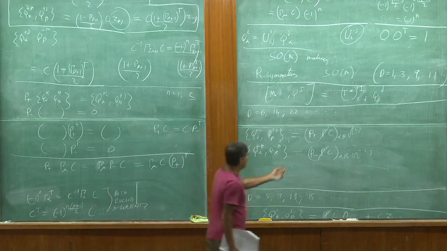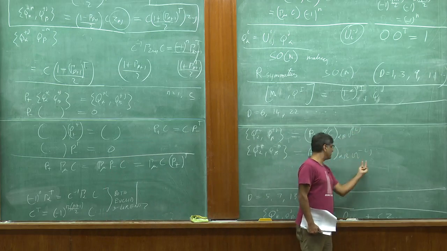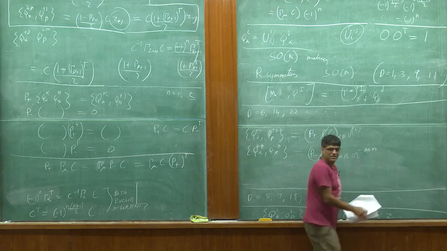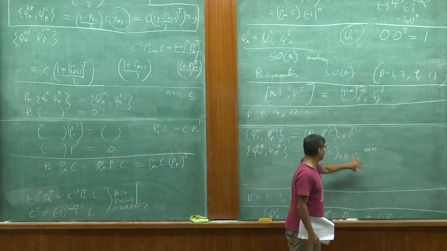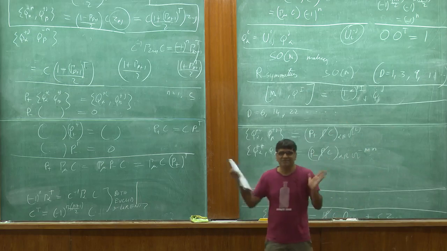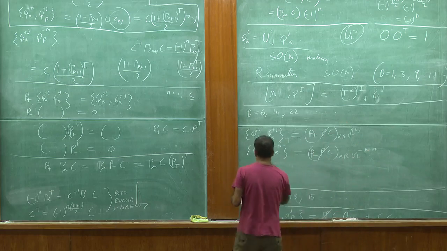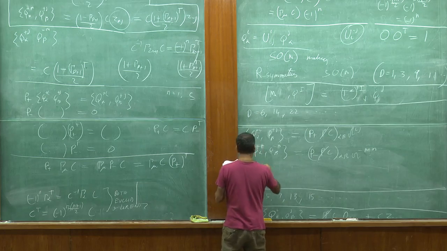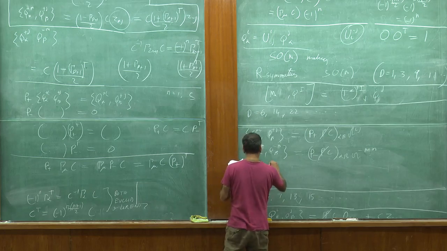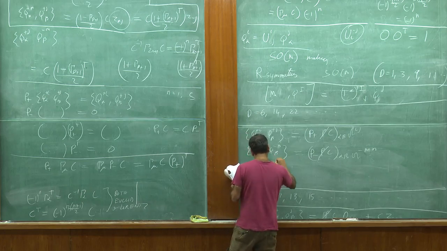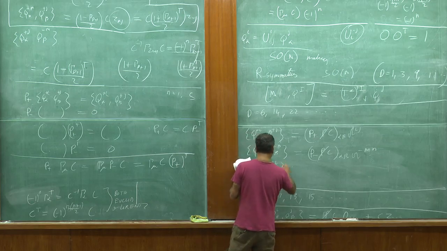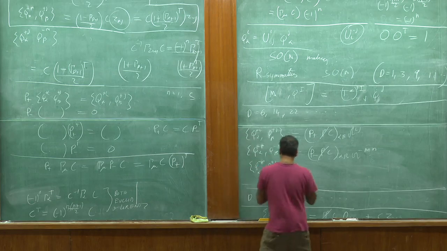Well, the number of ij indices here and the number of MN indices here are different. This could be a 4x4 matrix, this could be an 8x8 matrix, so we distinguish. And Q minus M, Q plus I, alpha beta, is equal to, any guesses?